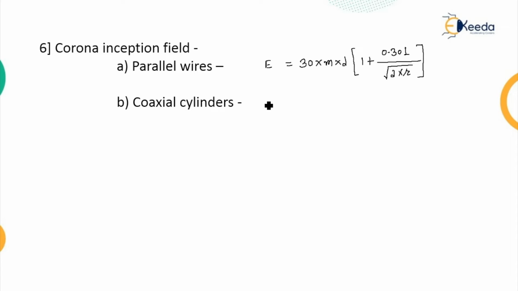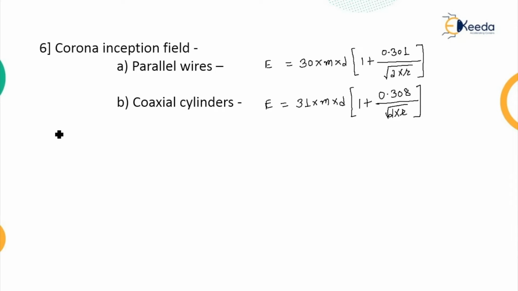For coaxial cylinders, where the inner cylinder has a radius r, the equation can be written as 31 m d into 1 plus 0.308 divided by root of d into r.